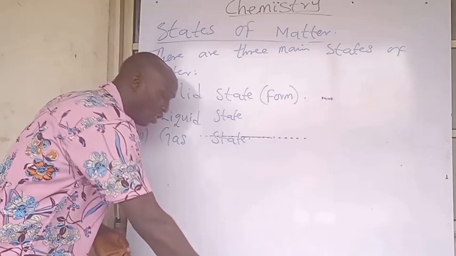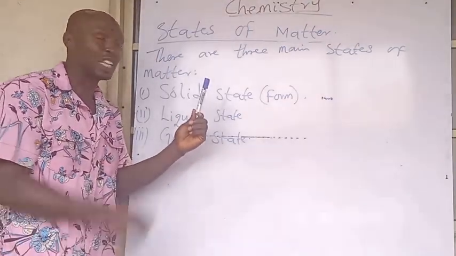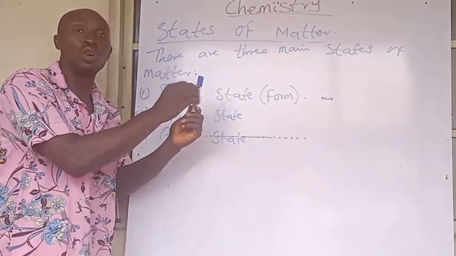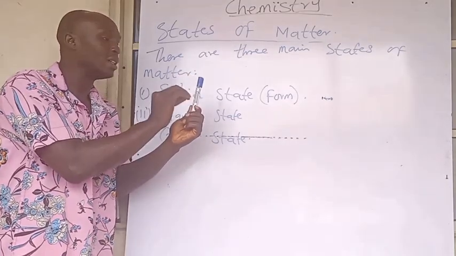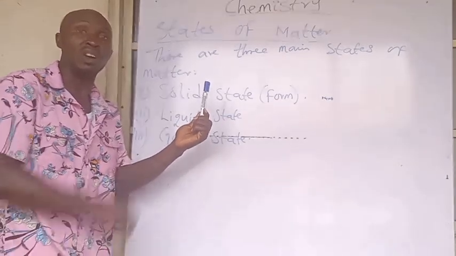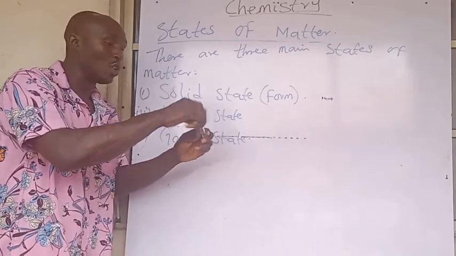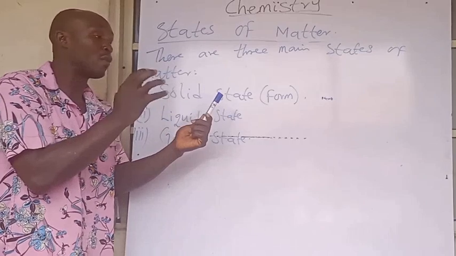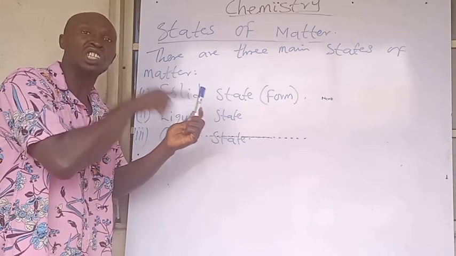Can this matter move on its own? It cannot move on its own. That's because its atoms are closely packed together. Now, can this matter change shape? No. It can only change shape when you either break it, or you cut it, or there's a force applied on it. Then this matter can change its shape.